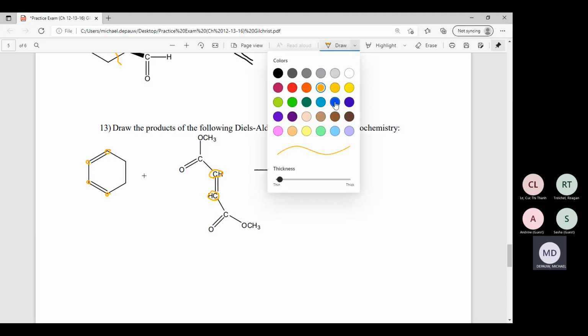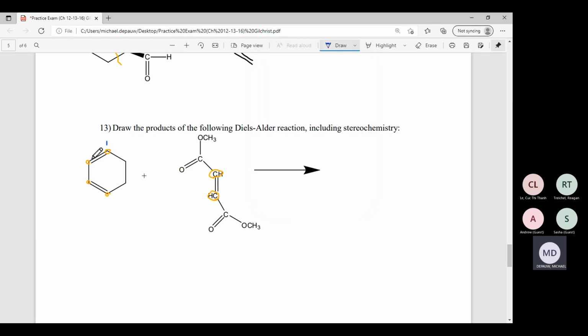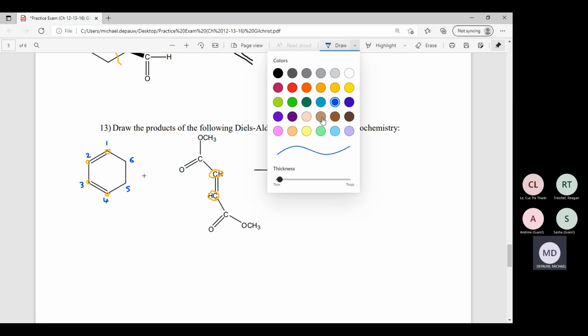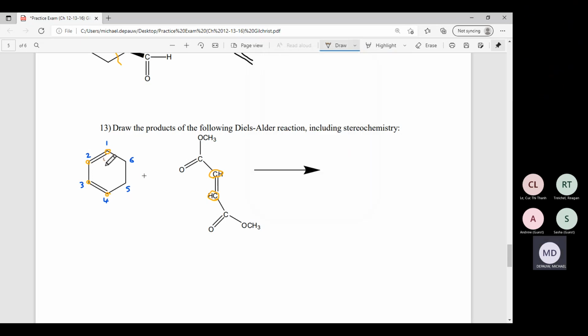Just for the sake of clarity, I am going to number these carbons 4, 5, and 6. I'm also going to show you these electrons are going to come and form a bond with this carbon here.